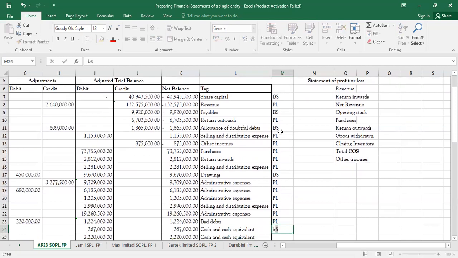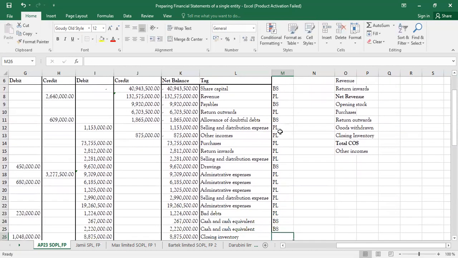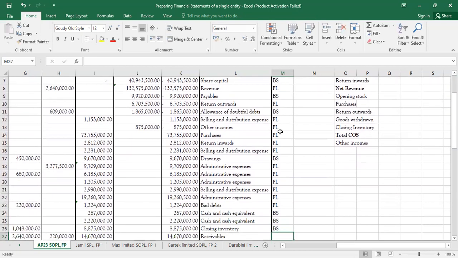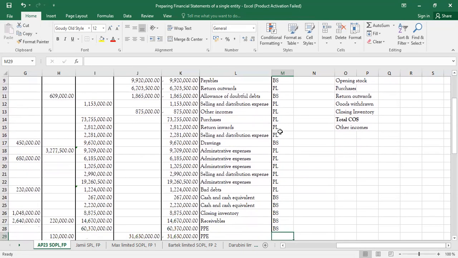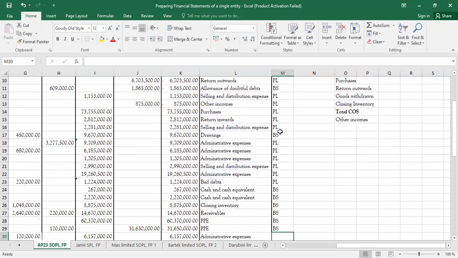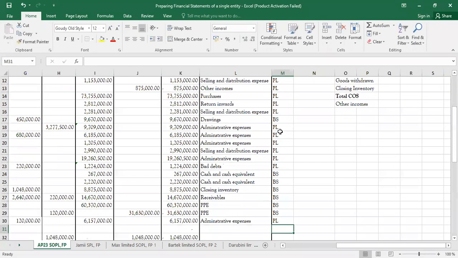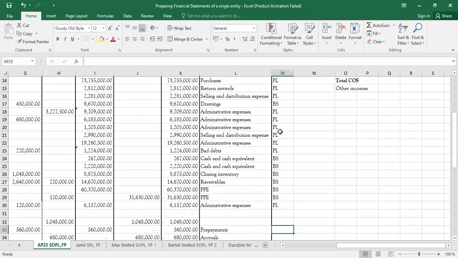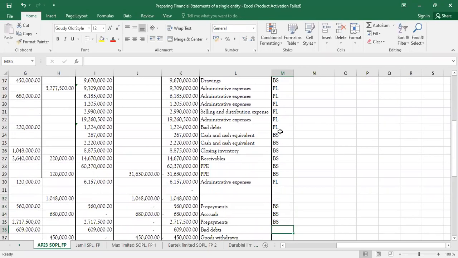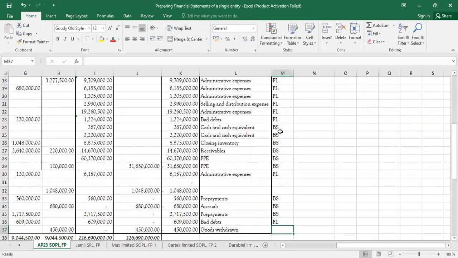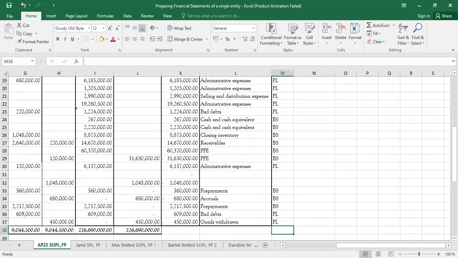Cash and cash equivalents balance sheet. Receivables balance sheet. PPE balance sheet, PPE another balance sheet. Administrative PL. Prepayments balance sheet. Accruals balance sheet. Prepayments balance sheet again. Bad debts PL. Goods withdrawn PL. So that you know where we'll be taking them.